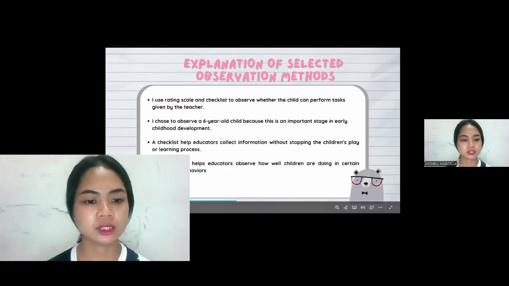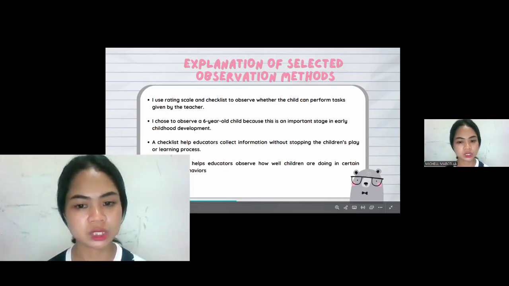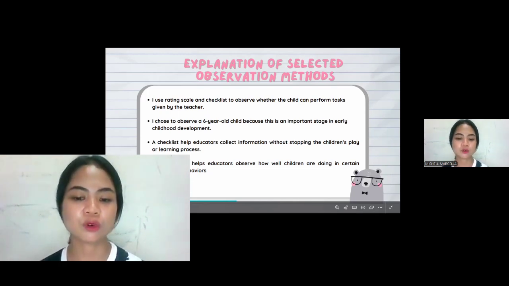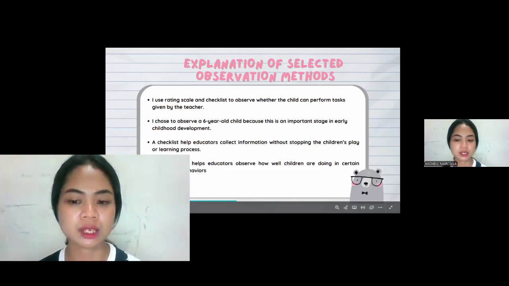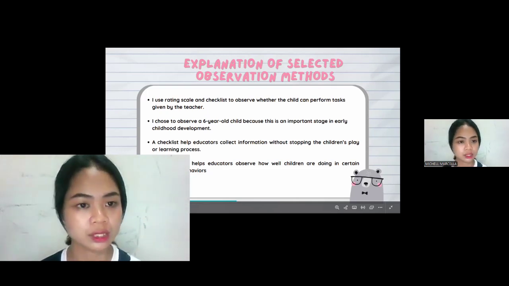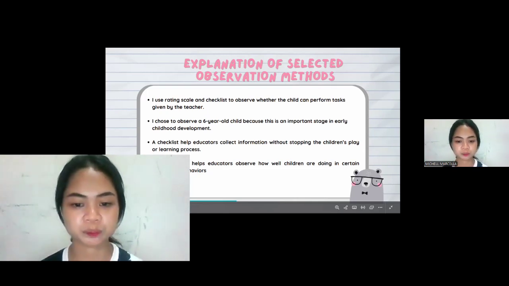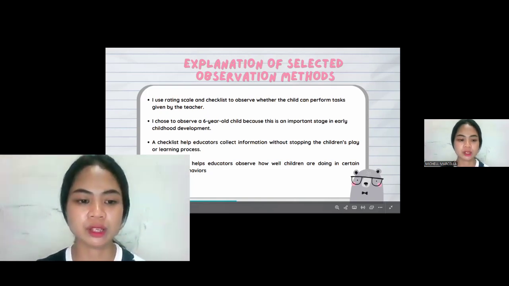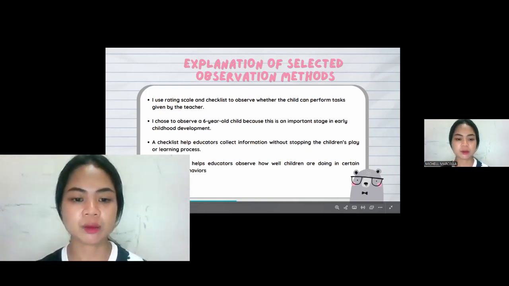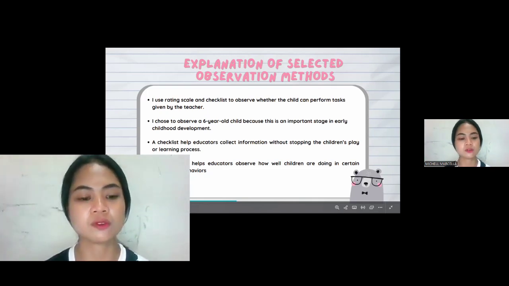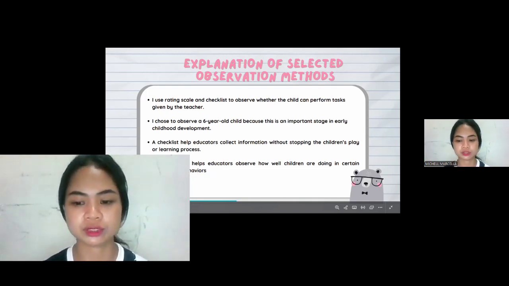Okay. A checklist helps educators collect information without stopping the children's play or learning process. For example, a checklist for fine motor skill is being able to hold a pencil correctly, being able to cut paper with scissors, being able to button and unbutton a shirt. Then, a rating scale helps educators observe how well children are doing in certain activities or behavior.